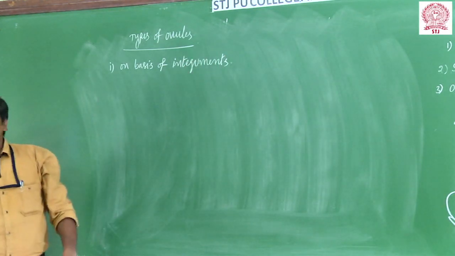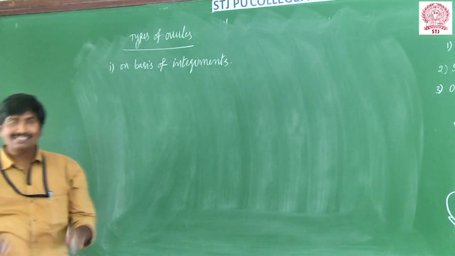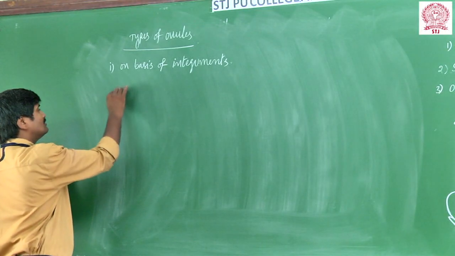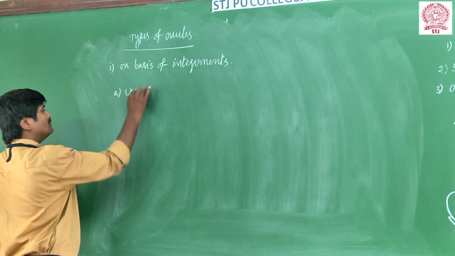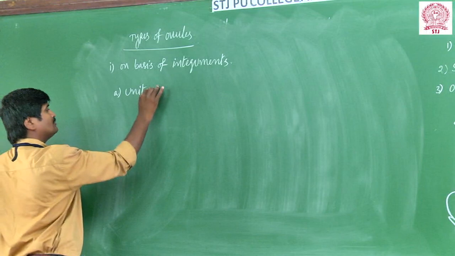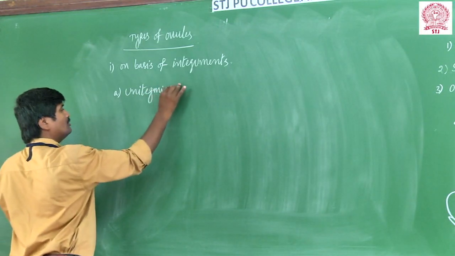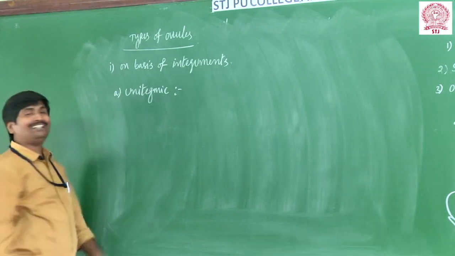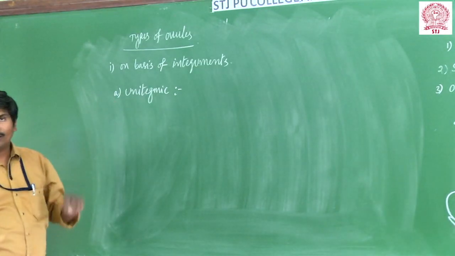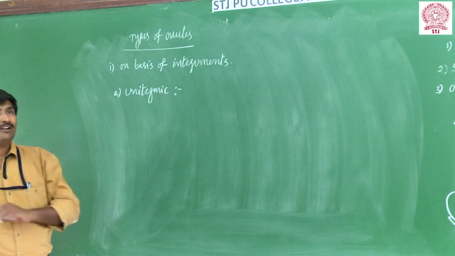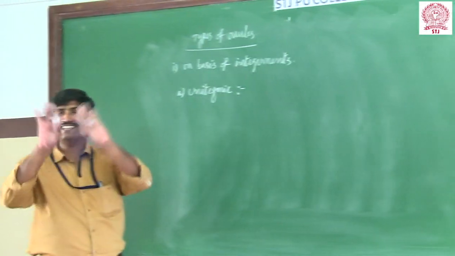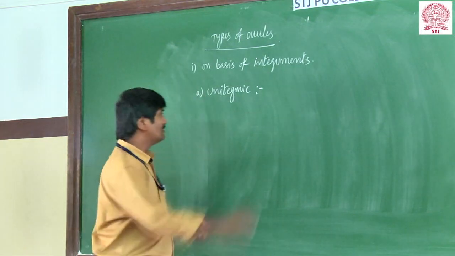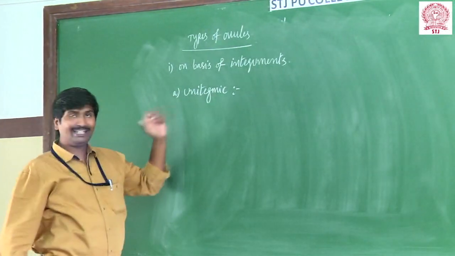On the basis of integuments, there are 3 types of ovules. First one, unitegmic ovule. What is unitegmic or monotegmic? Mono means single. Only one integument encloses the nucellus. What is the example for unitegmic?